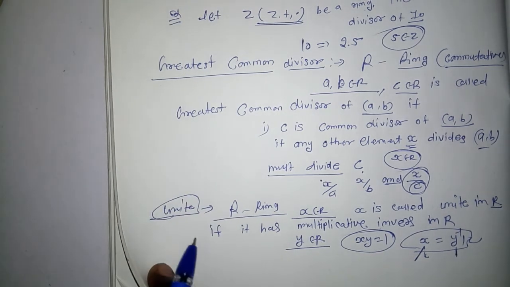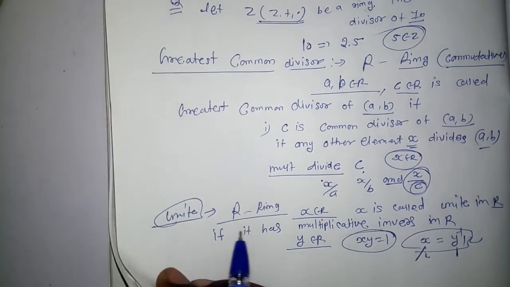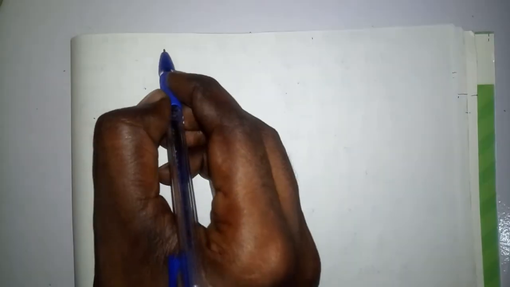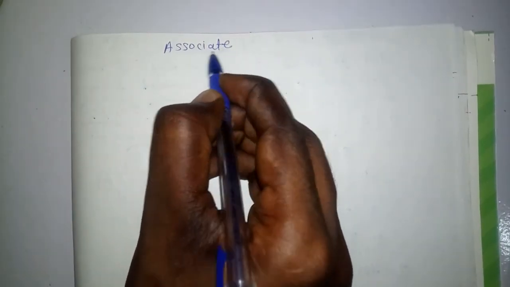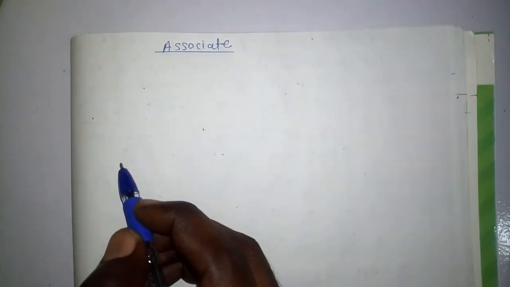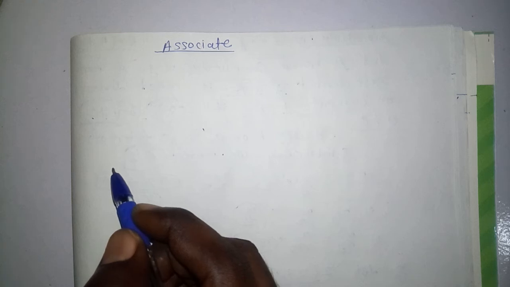Now next is associates. So what are associates in a ring?